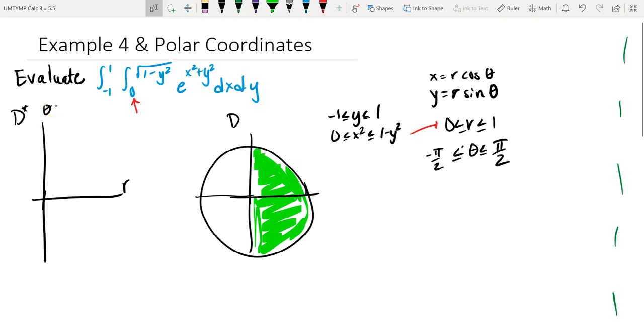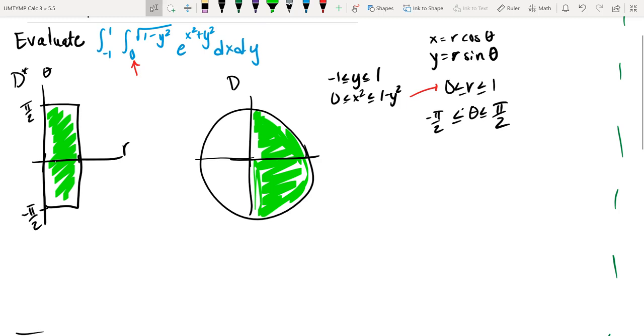You could flip them around, doesn't much matter. So we're looking at pi by 2 and negative pi by 2, and we're going to 1, so it's really just this little rectangle that we're looking at. That would be the kind of region that we're looking at in D star.